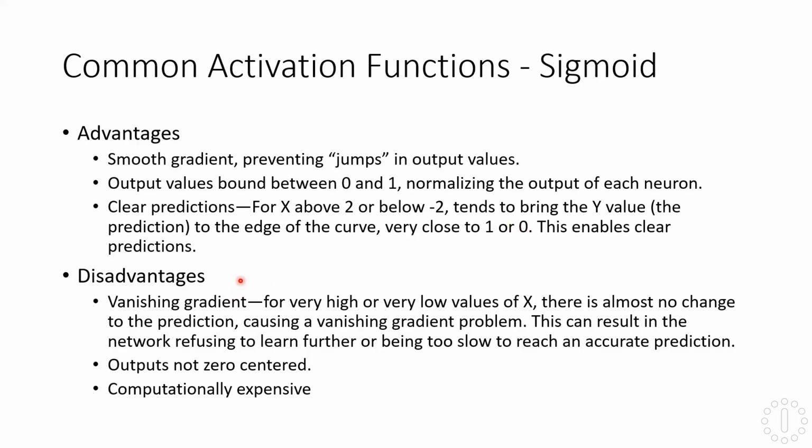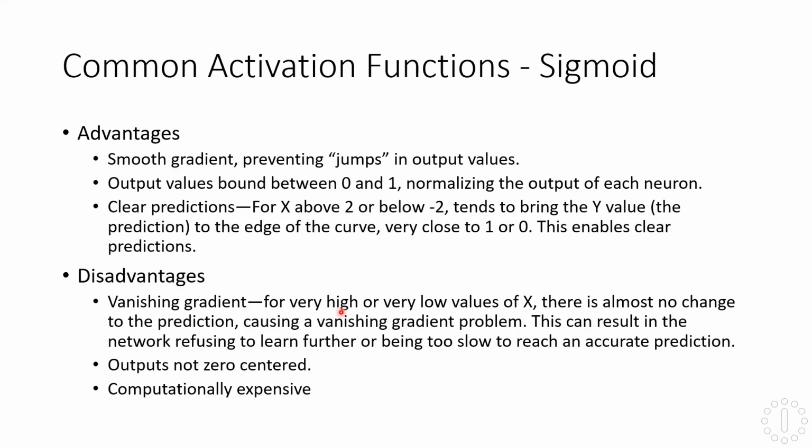However, the sigmoid function does have its disadvantages. One of them is the vanishing gradient. So if x is very high or very low, the prediction almost won't change at all if the value changes slightly. And this causes a vanishing gradient problem.